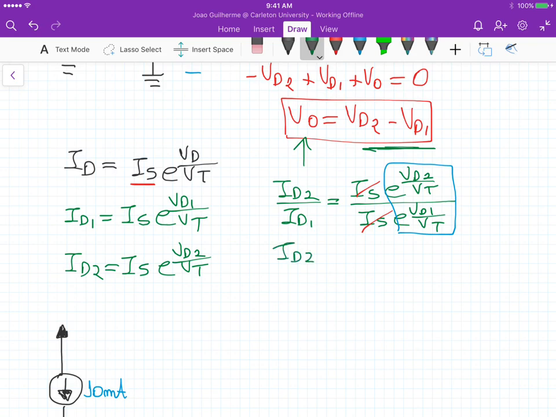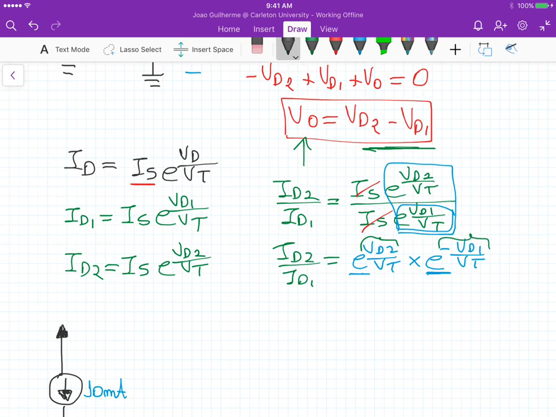So ID2 over ID1 is the same as exponential of VD2 divided by VT times, because this one is in the denominator, exponential of minus VD1 over VT. Because we have the same base, we can add those exponents, and this gives us the ratio we want.